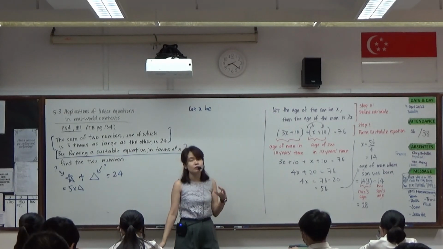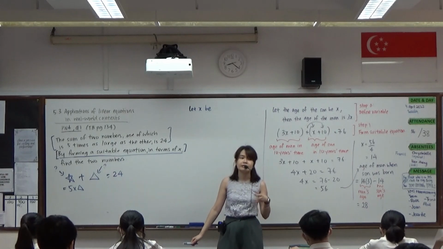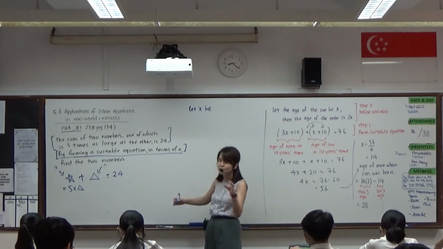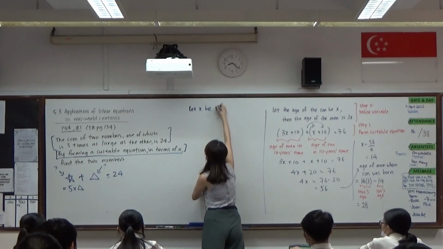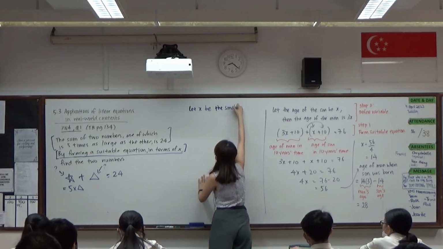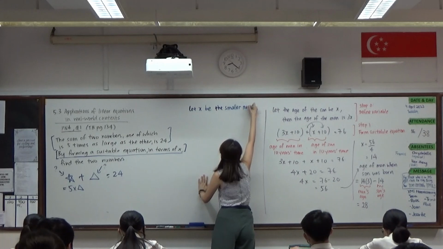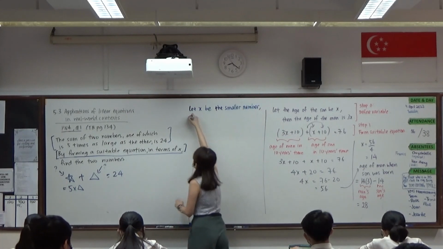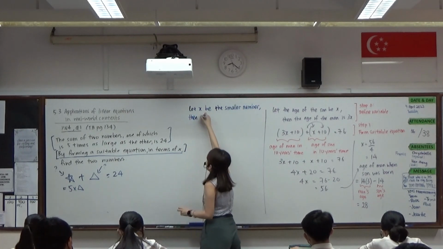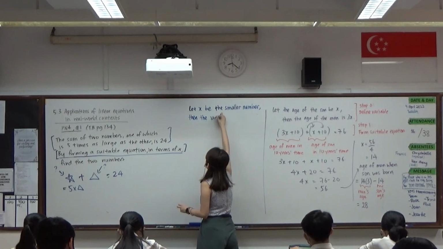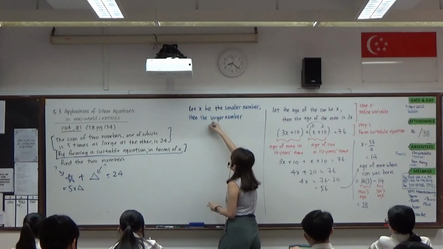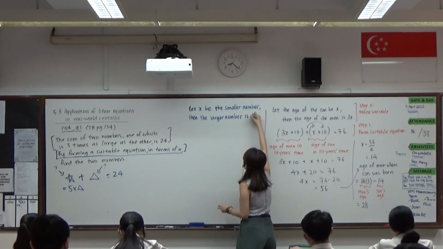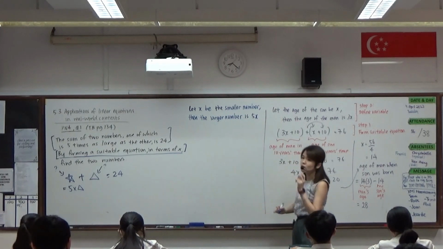It's not that easy to handle division as compared to multiplication. So let x be the smaller number, then the larger number is going to be 5 times of x, and that will be 5x.